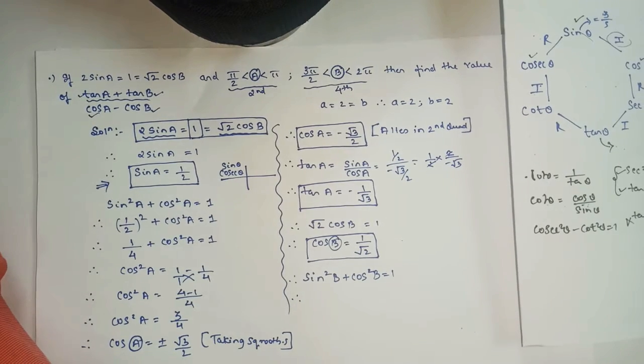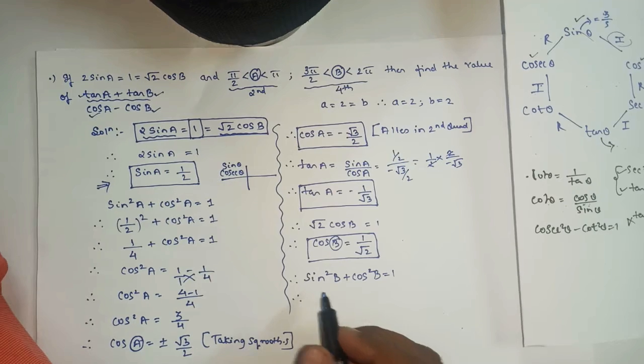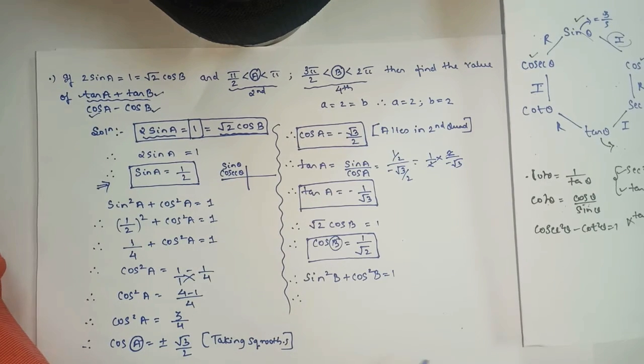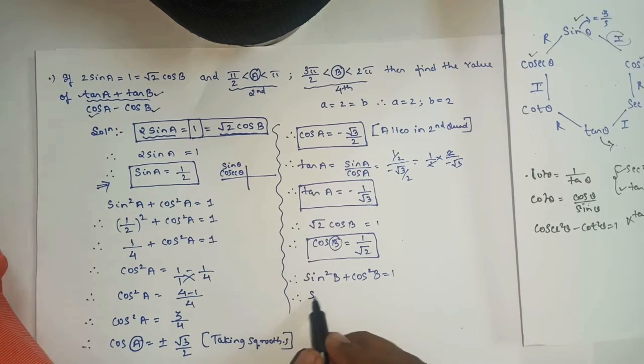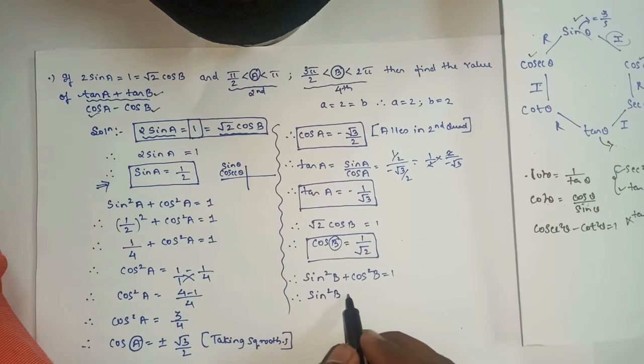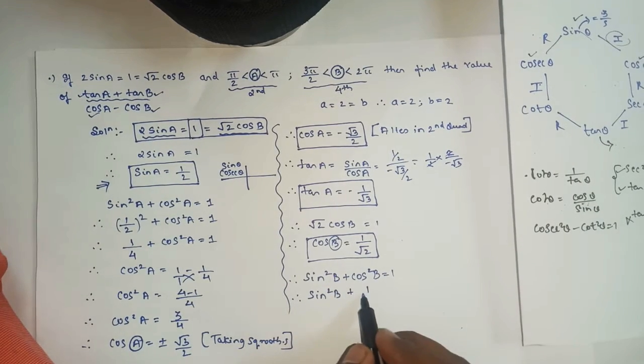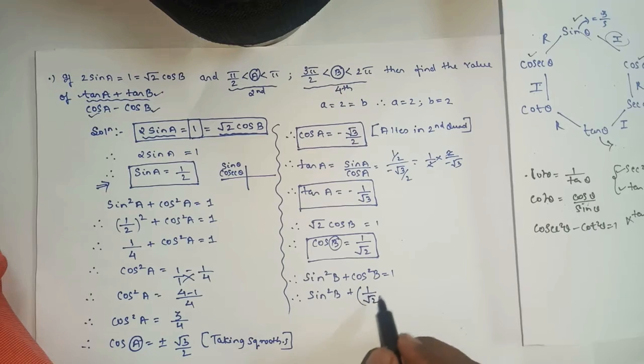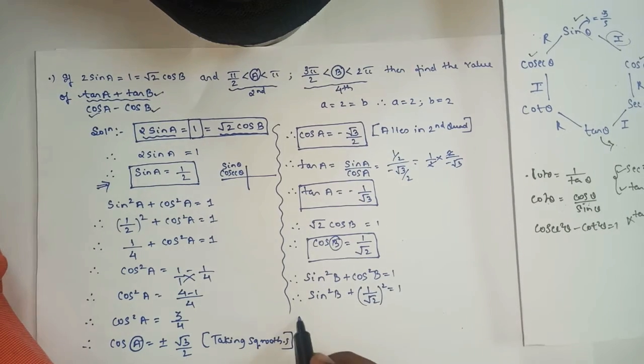I hope you all understood till here. Okay. So now after this we'll substitute the value and we'll see what answer for sine we will get. So we'll keep sine square B as it is. Okay. Cos B is what? 1 upon root 2, but here we have square, so we'll write square equals 1. So therefore sine square B plus 1 square is 1, root 2 square will be what? 2 equals 1.